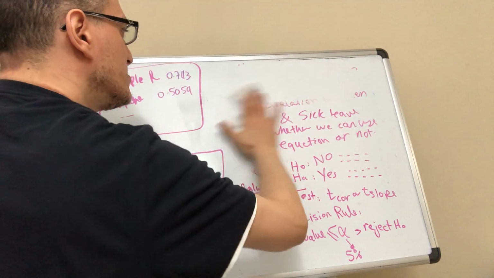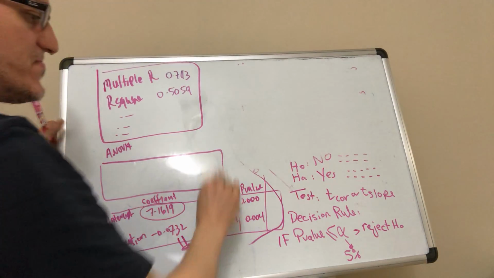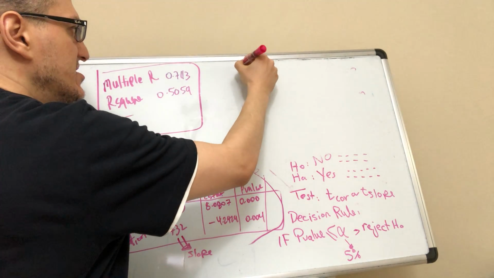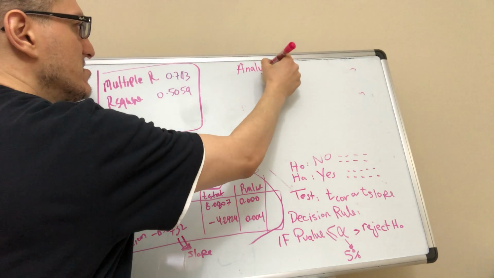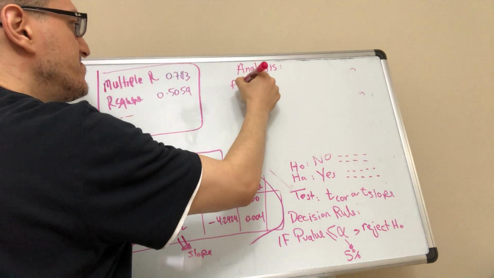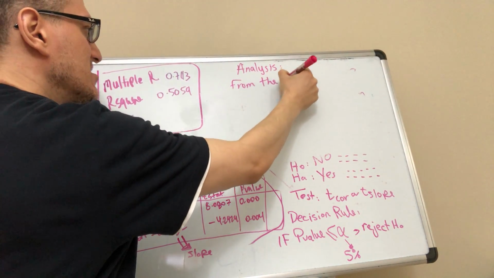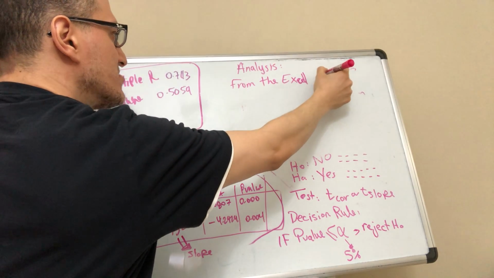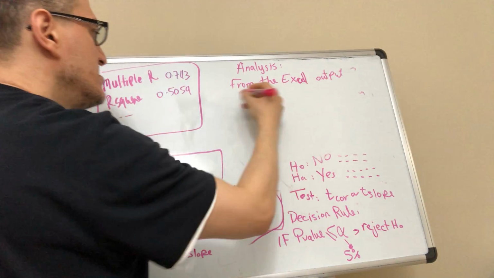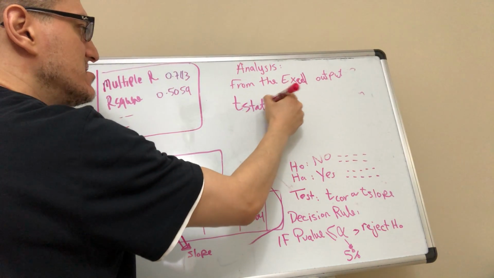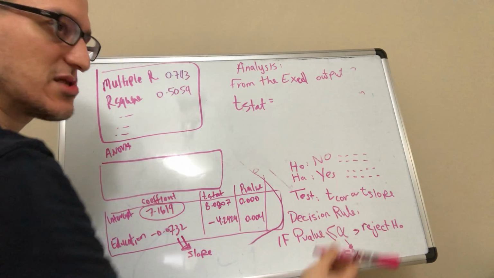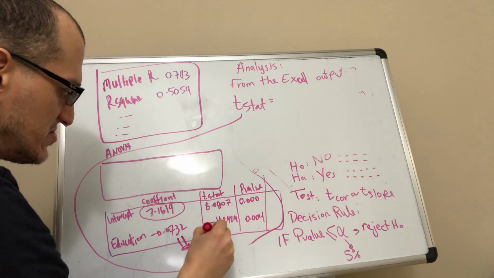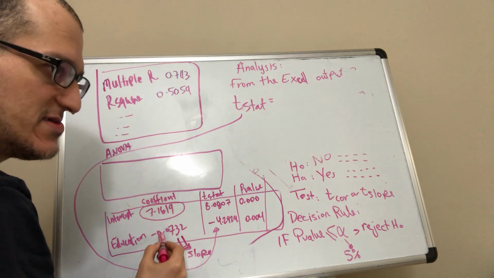So now, you can just jump directly because you have the answer from the report. In the analysis, you say from the Excel output, you get a T-stat, which is the T-core, T-slope, T-stat, and this is the number in the second line in this table.